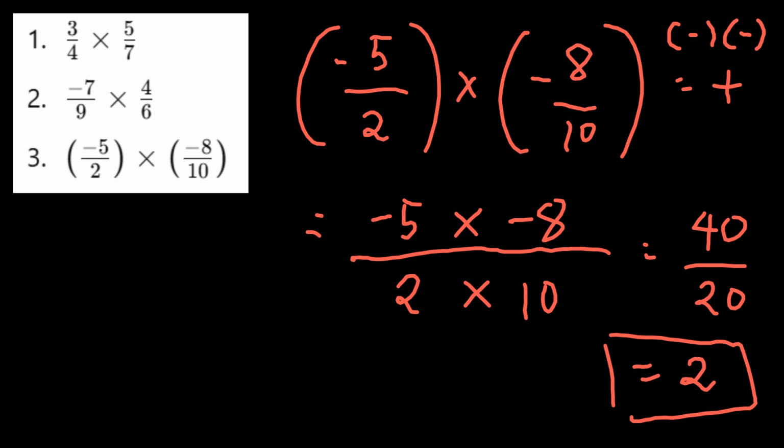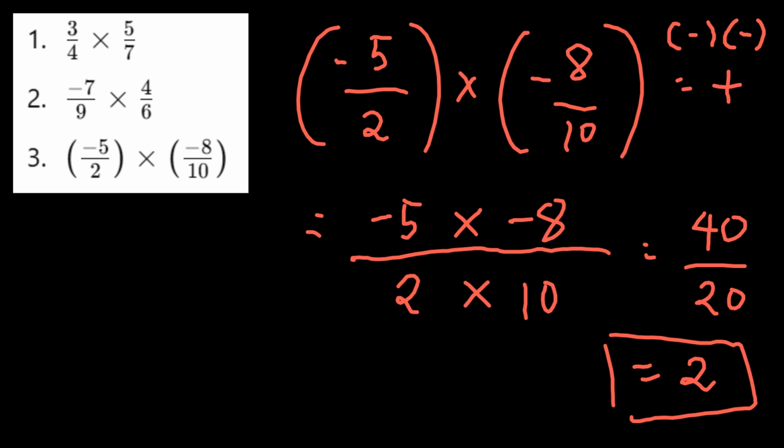So whenever we're multiplying positive and negative fractions, I would just want to give emphasis to that. First, you need to multiply the numerators or the top numbers of the fractions together. And then second, multiply the denominators or the bottom numbers of the fractions together.